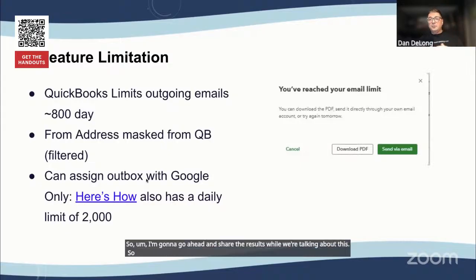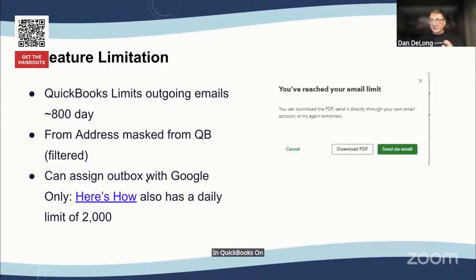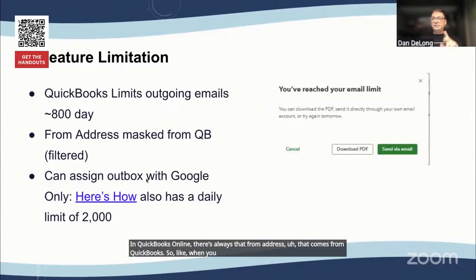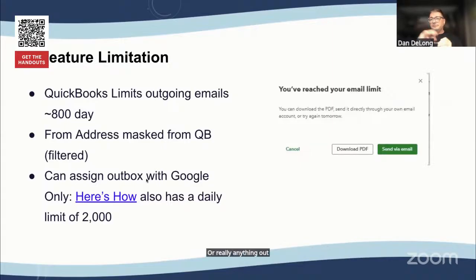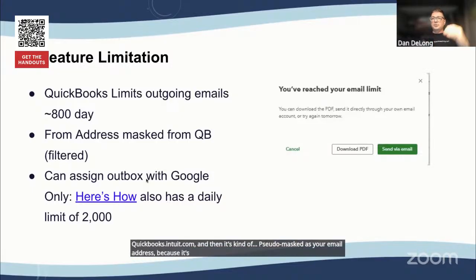In QuickBooks Online, there's always that from address that comes from QuickBooks. When you email invoices or really anything out of QuickBooks, the default from address is notifications at quickbooks.intuit.com, and then it's kind of pseudo masked as your email address because it's with your contact information.